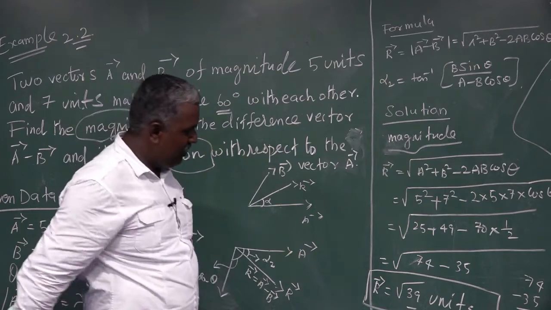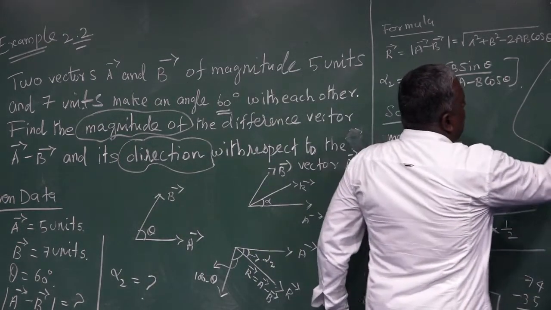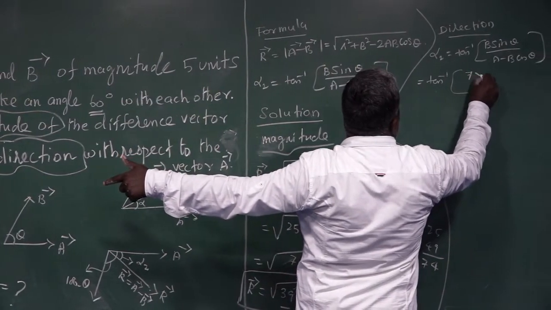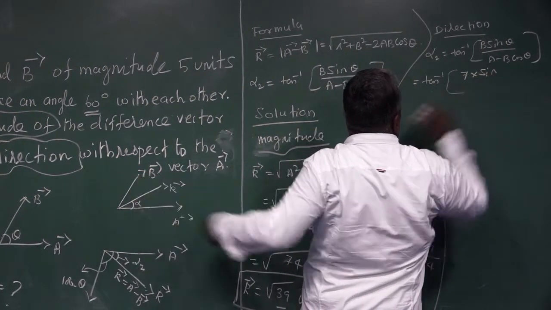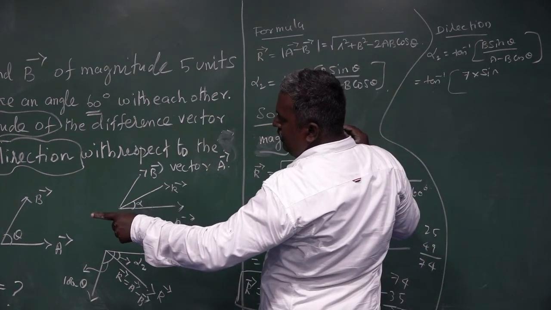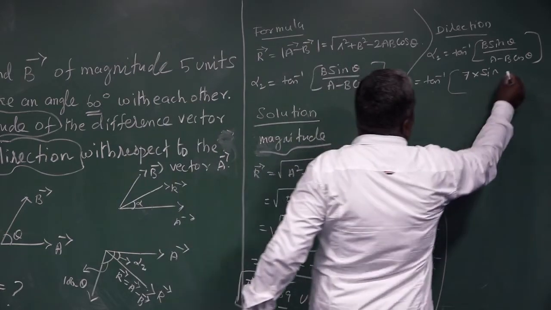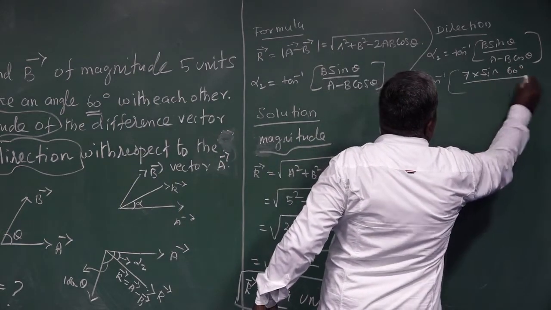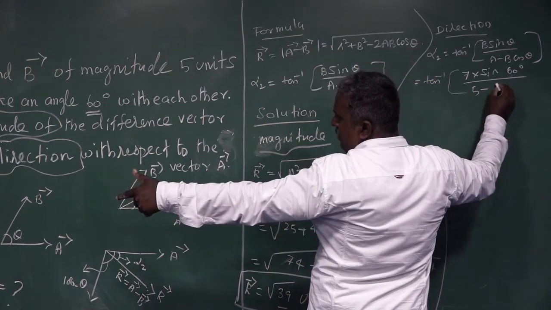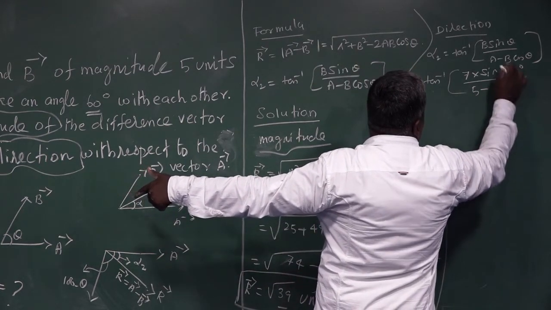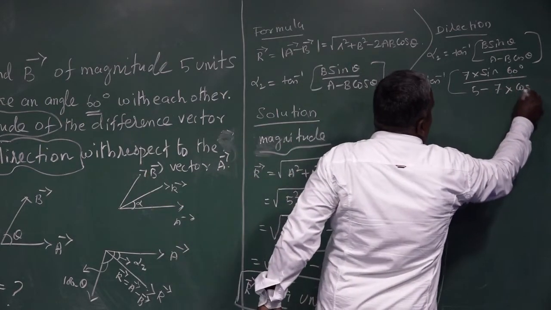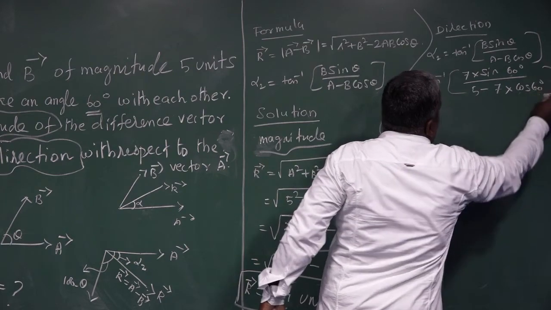Okay, that is direction. So tan inverse: B value, how much? 7 into sin theta value. Theta value how much? 60 degree, very good. 60 degree, divided by A value 5 minus B cos theta, that is 7 into cos 60 degree.